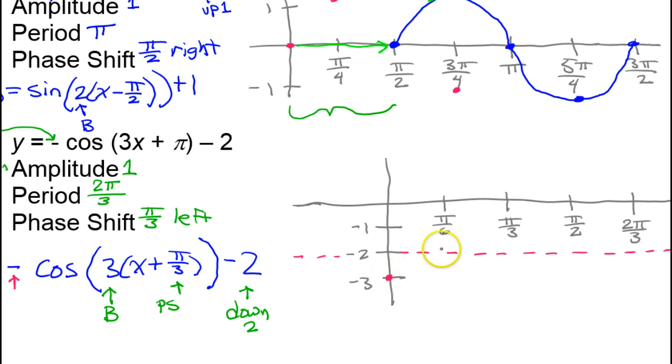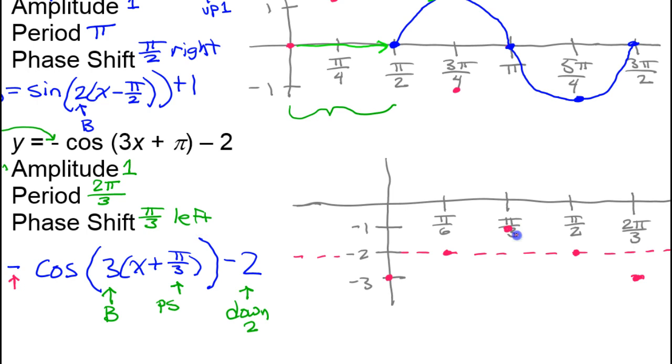So it will start off low and then go to the midline and then go up to its highest point and then fall back to the midline and then end up low. All right, I've turned it upside down because of this reflection over the x-axis, the negative sign in the front. But what I haven't done yet is I have not dealt with the phase shift. So this is what the graph will look like. I've moved everything down by 2. I've done the reflection over the x-axis. But now I need to move everything pi over 3 to the left.